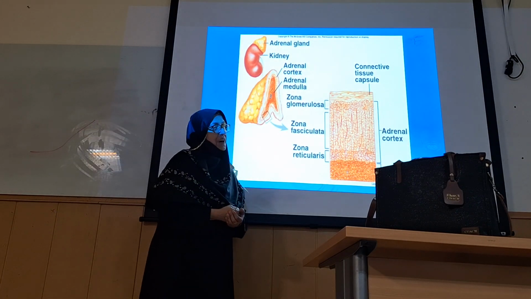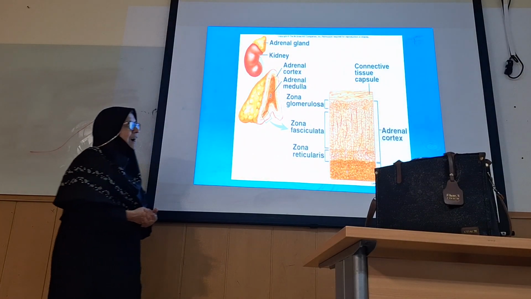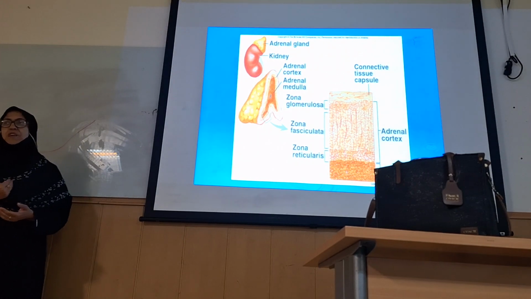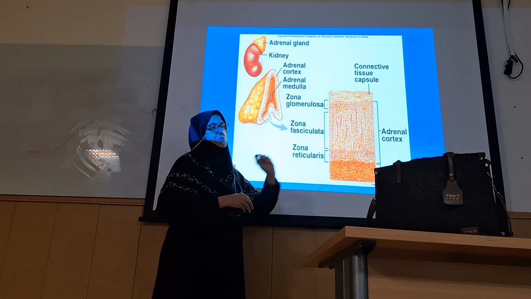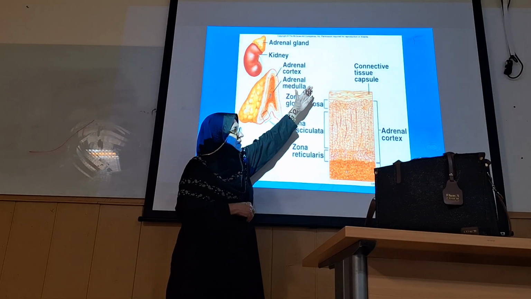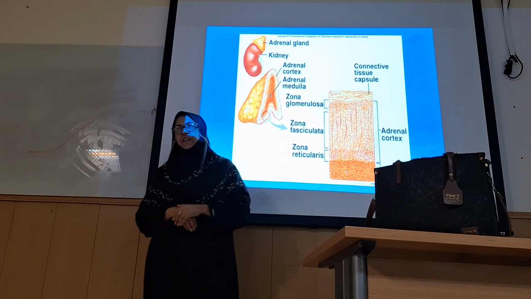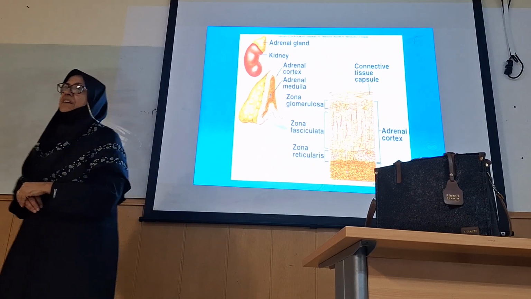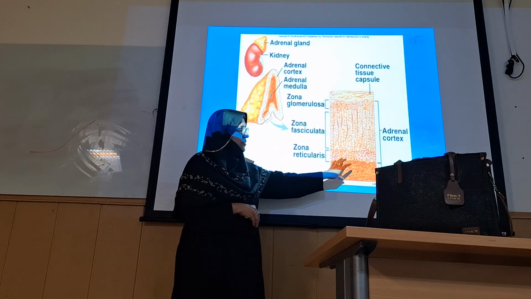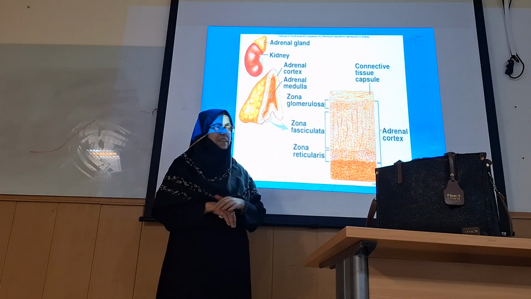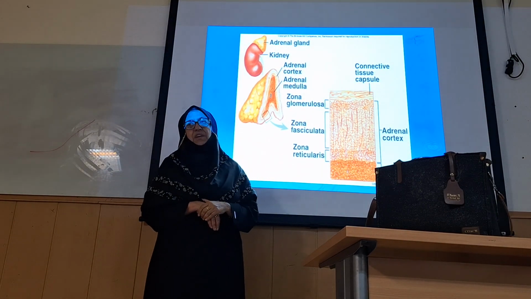I repeat for you: the adrenal gland has two compartments, the adrenal cortex and the adrenal medulla. Approximately 80% of the adrenal gland is adrenal cortex. Nearly 20% is adrenal medulla.